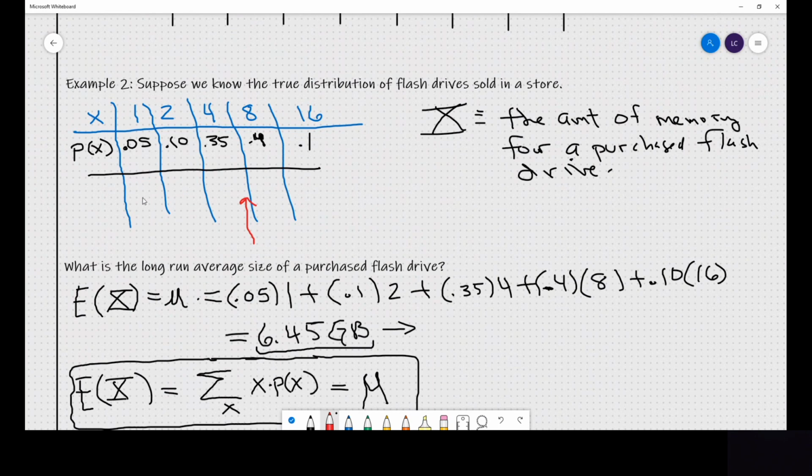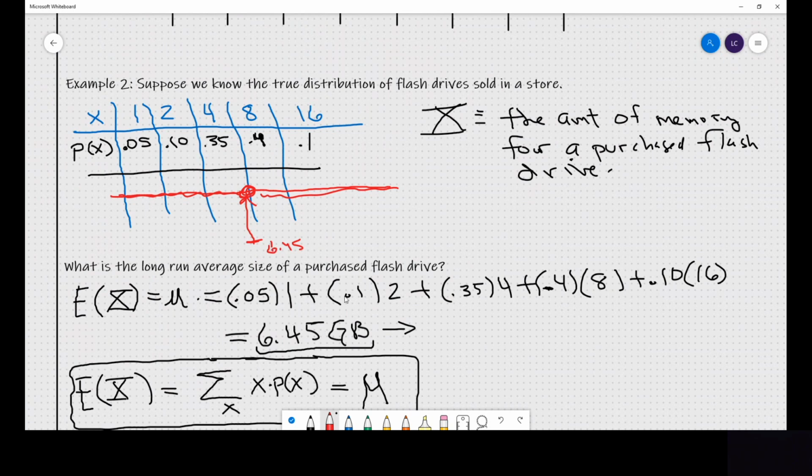So if I was going to put some of the probability mass over here and half of it over here, we would be looking for the part where it balances out. So if we had a plate and we put 5% of the mass at position 1, 10% of it at position 2, 35% at position 4, 0.4 at position 8, and 0.1 at 16, then the place where we can balance this out would be at 6.45.